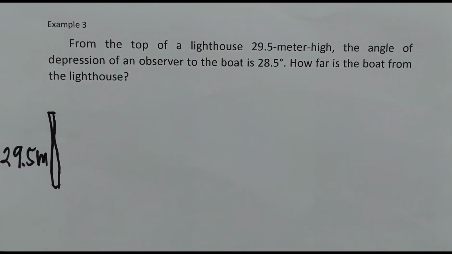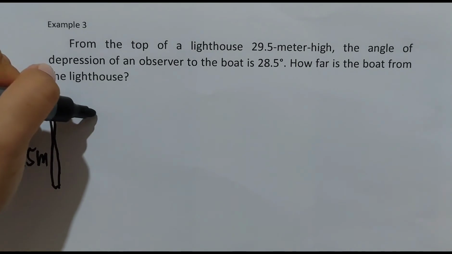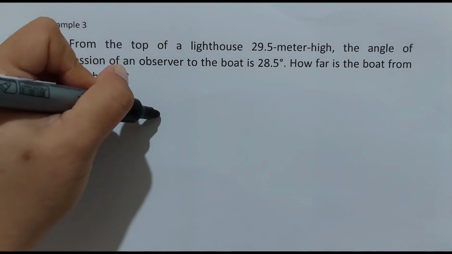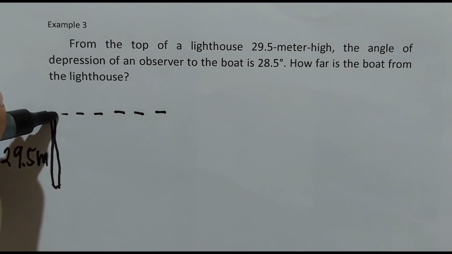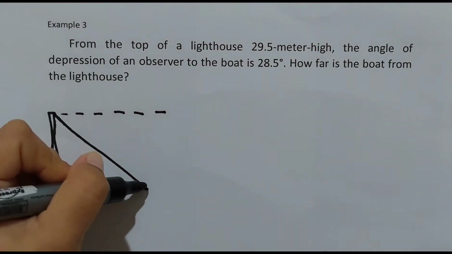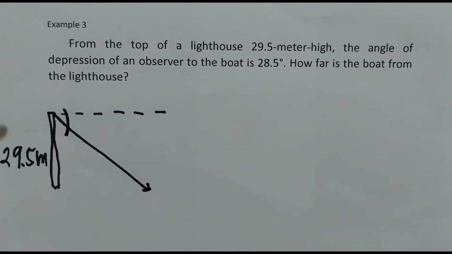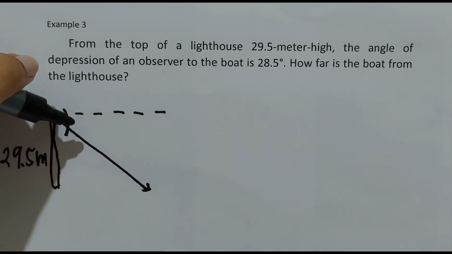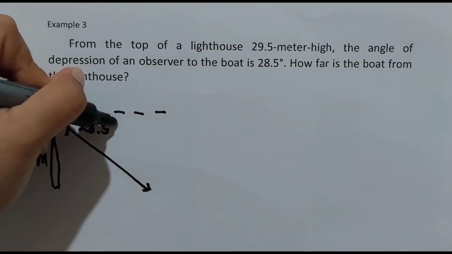meters. And the angle of depression of an observer. So, this is the horizontal line of sight. And when you say angle of depression, from here, looking downward, this area here is the angle of depression, and the angle of depression is 28.5 degrees.